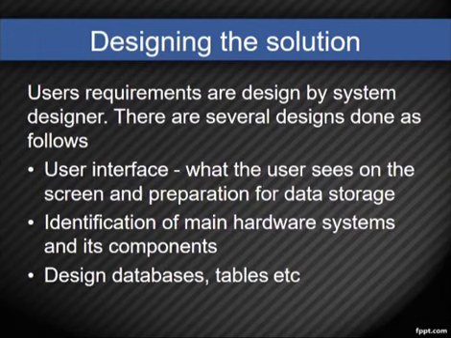Then from the analyzing part, we now design the system. We have flow charts, ER diagrams, and other things that we have to design before coding the system, because everything has to be documented.